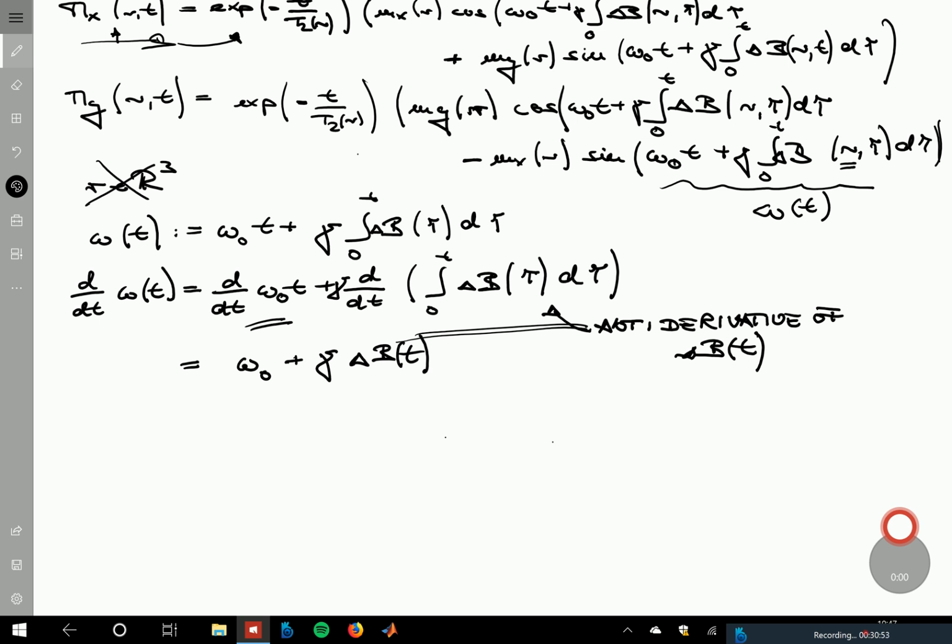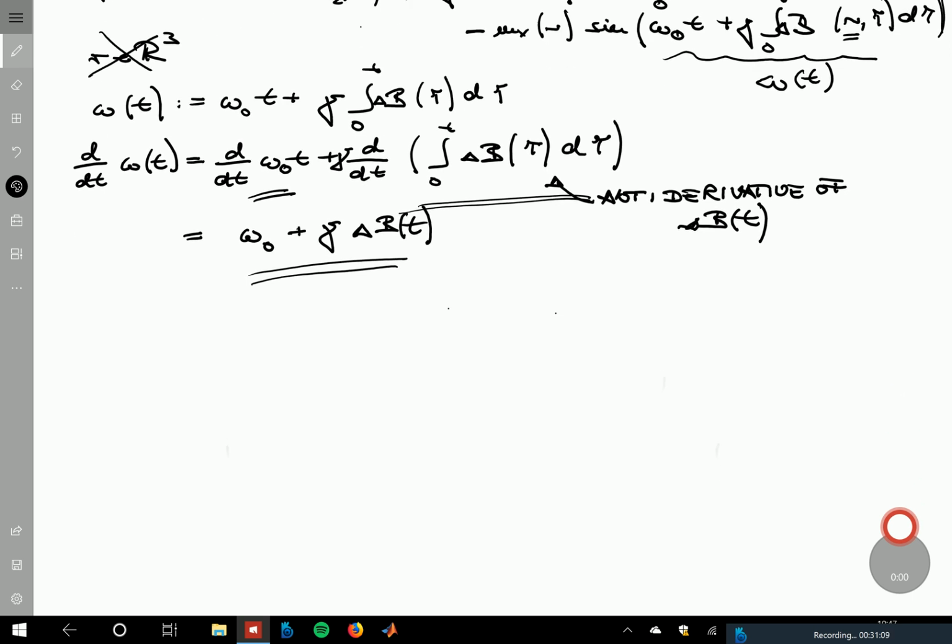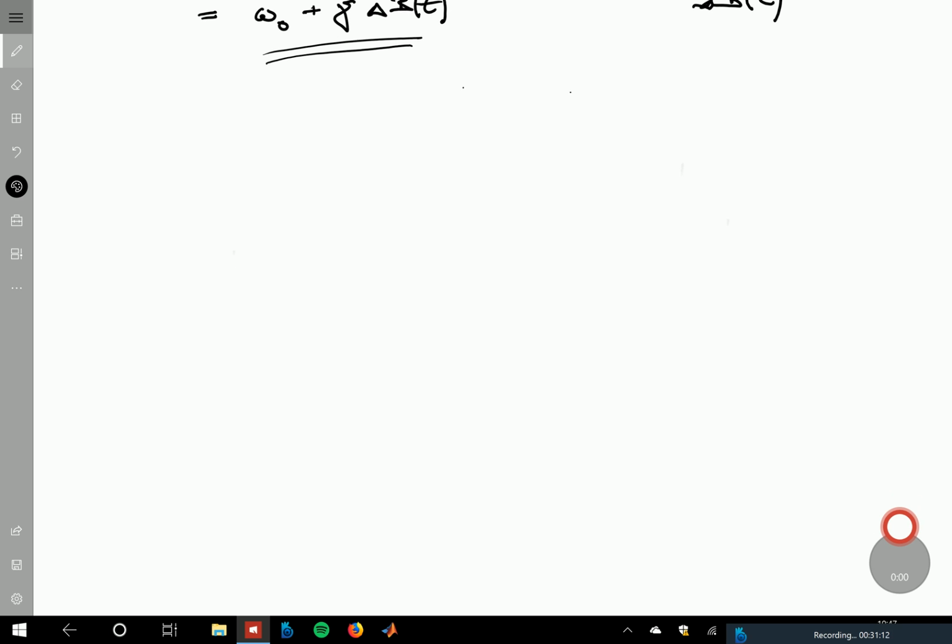One can also be quite happy with that fairly easily. So now we already have this d omega dt, as the derivative of omega t, which we will need later. So now we can compute the derivative of the solution.